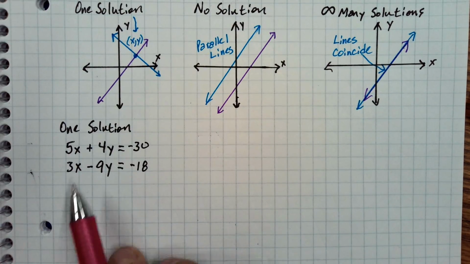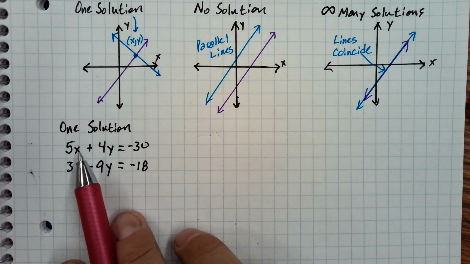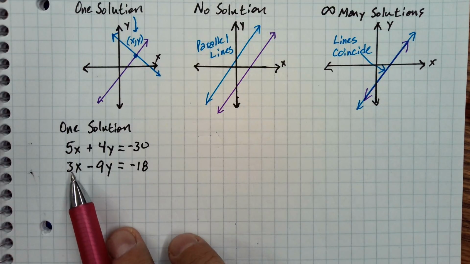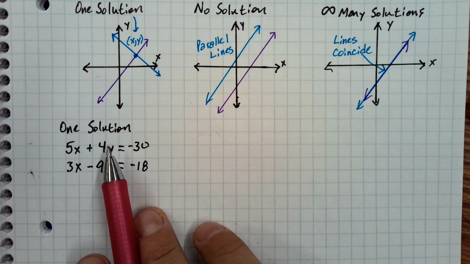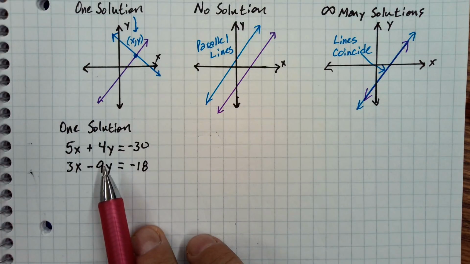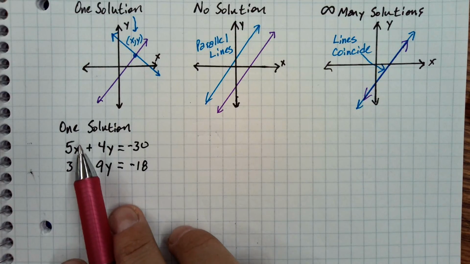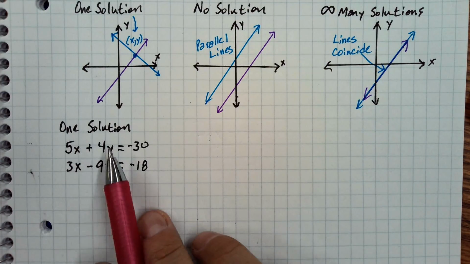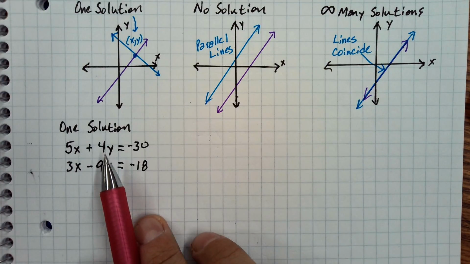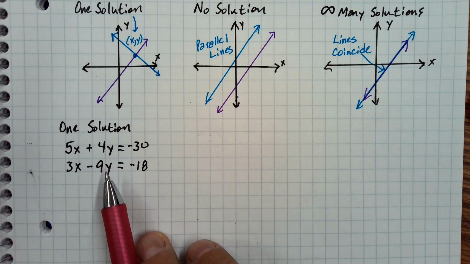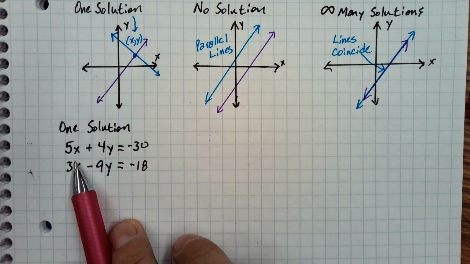Well, let's try to solve this. We have 5 and 3. They're not opposites. 4 and negative 9. The signs are opposite, but the numbers aren't. So we can either get 15 or 36. 15? Okay.